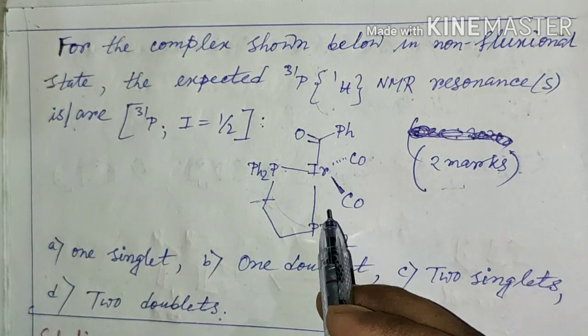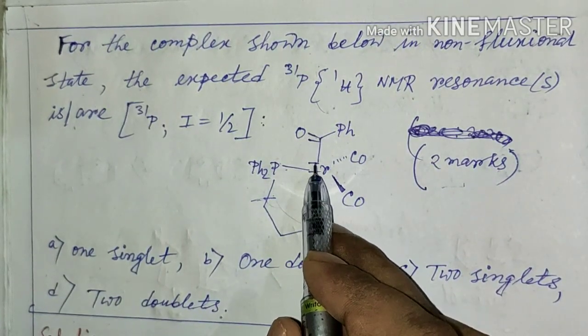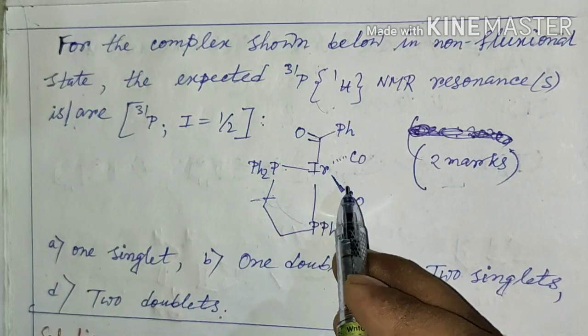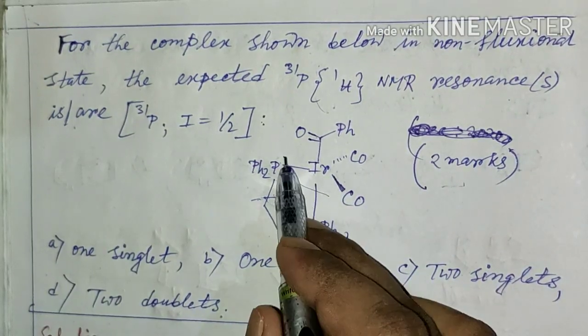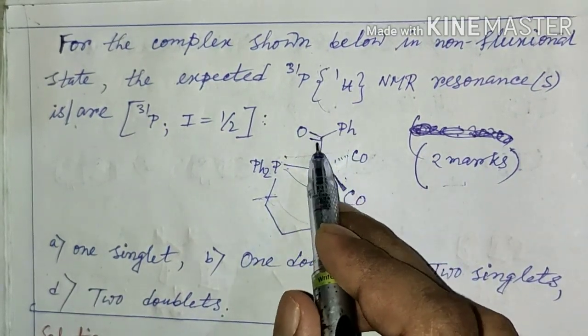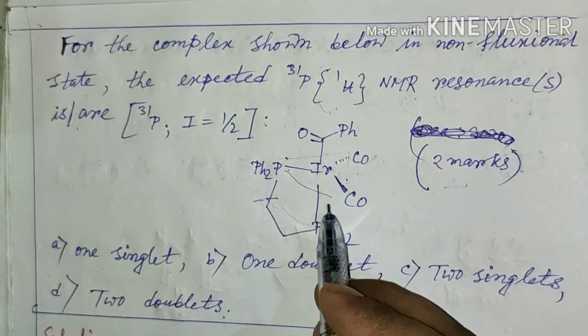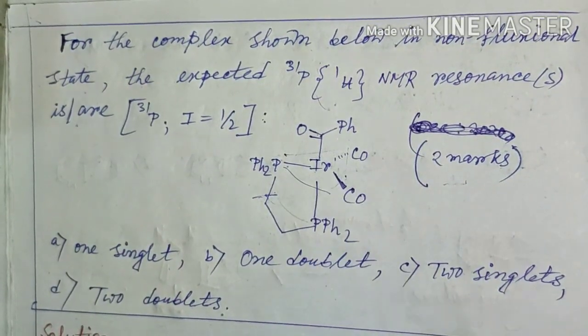Now if we see carefully, we can see that the geometry around the central iridium metal ion is trigonal bipyramidal. This is the trigonal plane, this ligand is below the plane, and this ligand is above the plane. That means the complex is in trigonal bipyramidal geometry.